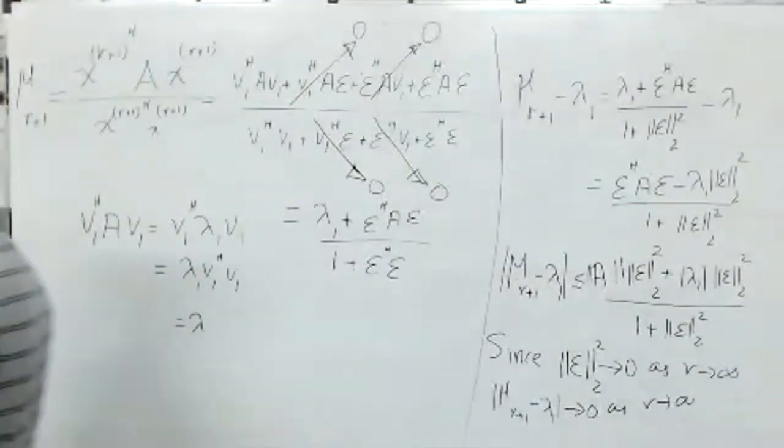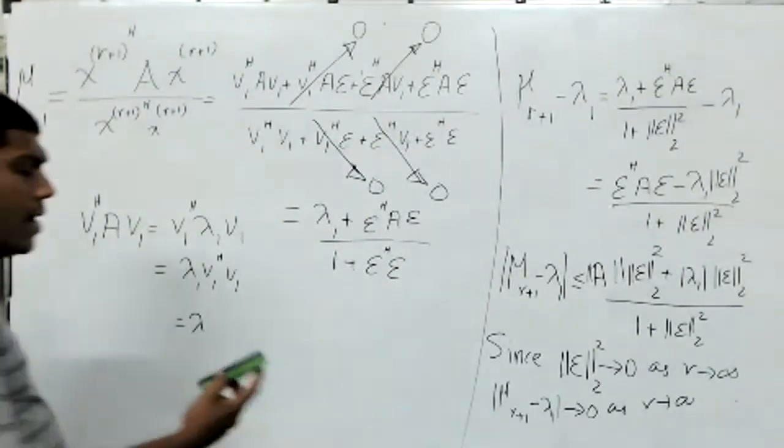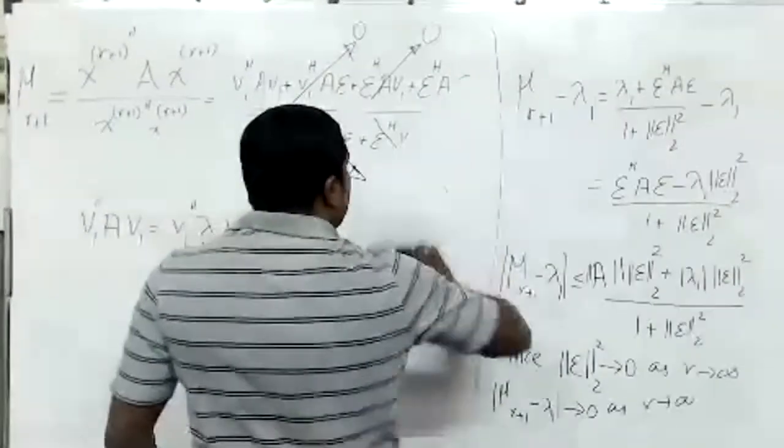That is what we wanted to show: the Rayleigh quotient converges to the leading eigenvalue of the matrix. Now let us compare the rate of convergence in the power method and the Rayleigh quotient method.